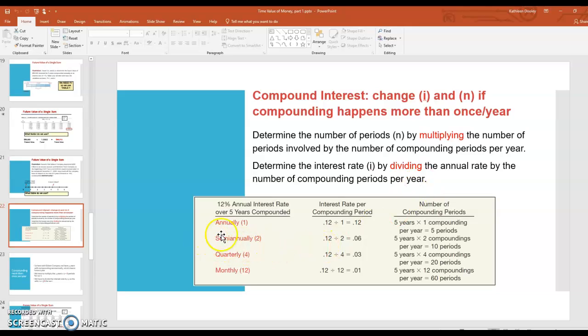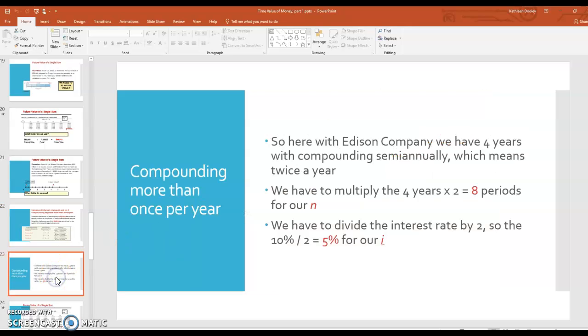And so here it tells you annual is once a year, semi-annual is twice a year, quarterly is 4 times a year, monthly would be 12 times a year. So here with Edison Company, we have 4-year periods. We're going to multiply that by 2 because it's compounded twice a year.